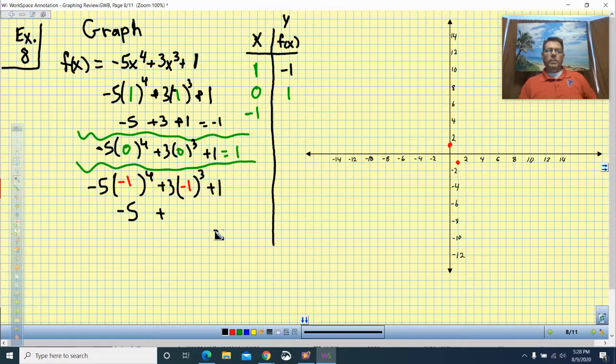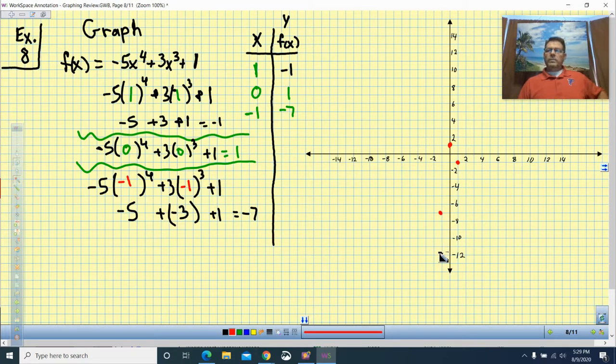This is to the 3rd power. So -1 times -1 is +1. And then +1 times -1 is -1. So -1 times 3, oops, that's -3. And then bring down the +1. So it's -8 plus 1 gives me -7. So that's -7. So let's graph that. So -1, -7. That's a very, very interesting graph.